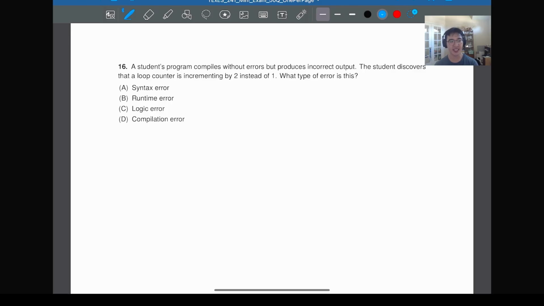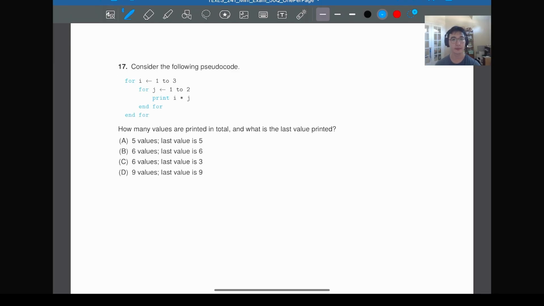That means it's not the compilation error. All right, so the answer is C, a logic error. Once again, semicolons and parentheses are typically types of compilation errors. It's not B because runtime errors would cause the program to actually crash. All right, that's question 16.